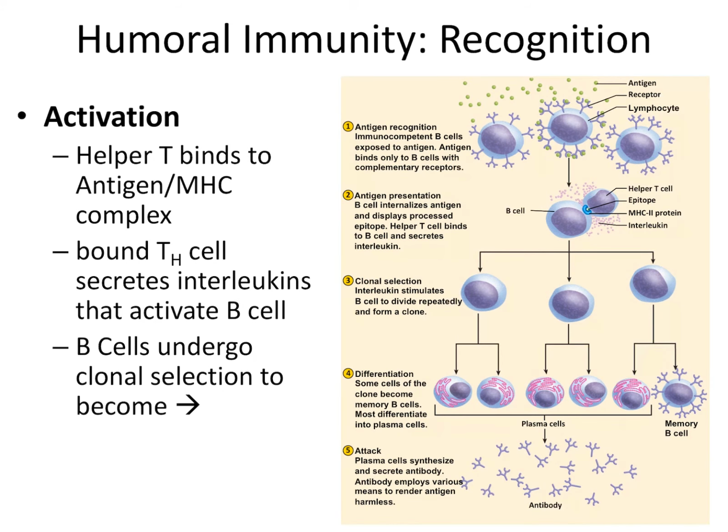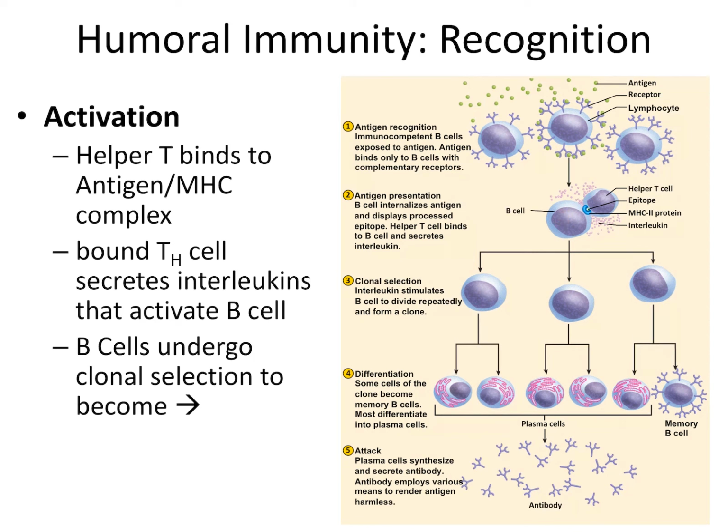Now, the recognition stage will continue with activation of our B cell here. So in this stage, our B cell has now internalized a specific antigen, and it's displaying it on its major histocompatibility protein. Now, if that's all that happens, that B cell is not going to go any further and become activated.